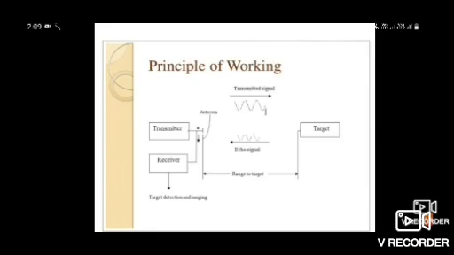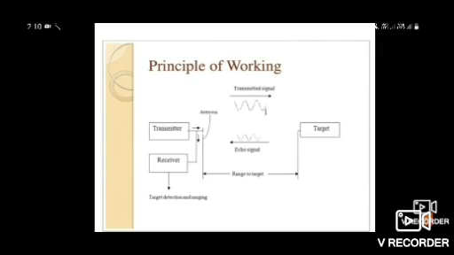So when the target comes into contact, or the signals strike that particular target, we get some signals from that target. Those signals are called echo signals. Whenever we receive that reflected signals, they are called echo signals, and they are received by our receiver through the antenna.